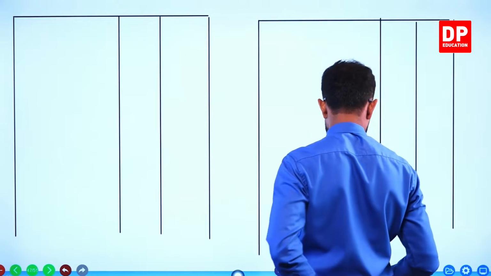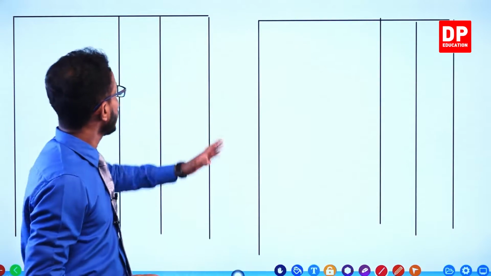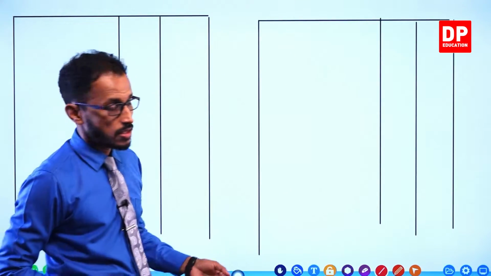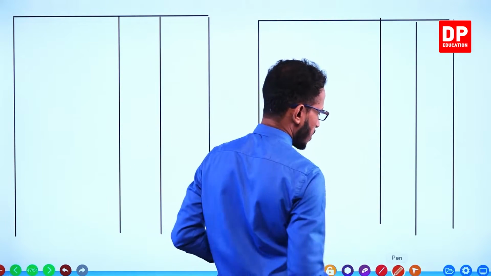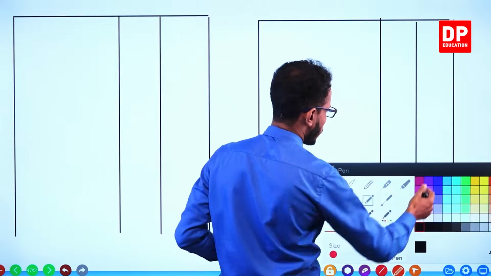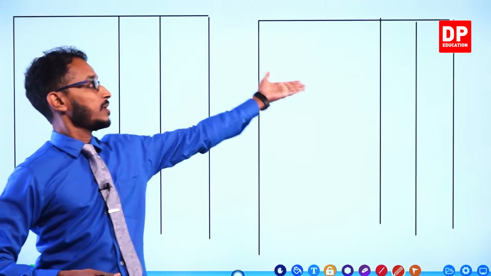Here we go. On the same page, so it's easy for you, right? This side profit or loss, this side statement of financial position. I call it SOFP. SOPL, SOFP.